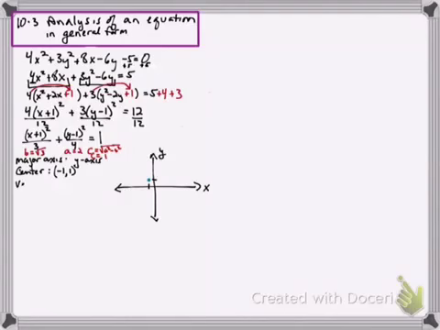So the vertex will be movement by a from the center. If a equals 2, and the major axis is parallel to the y-axis, then let's go up 2, 1, 2, and down 2, 1, 2. And we'll put those vertices here.